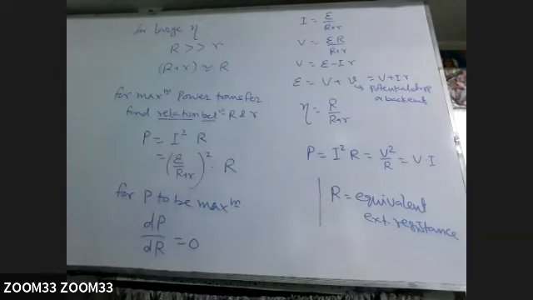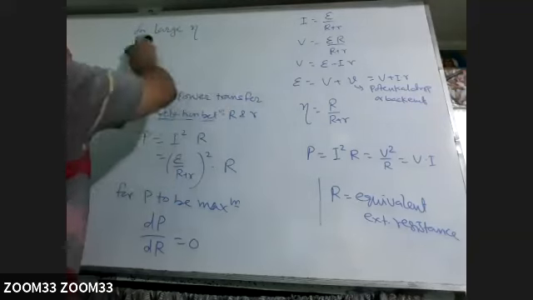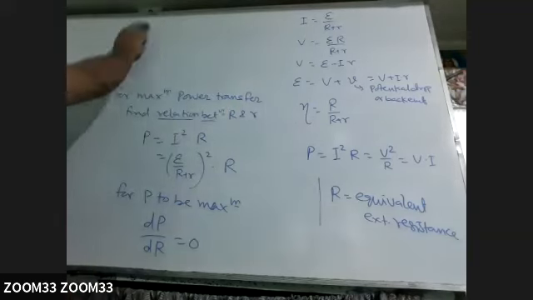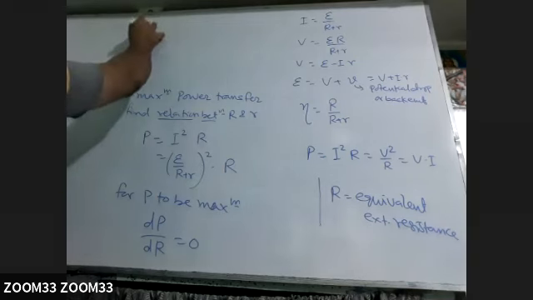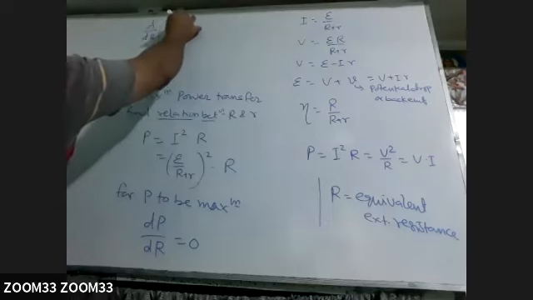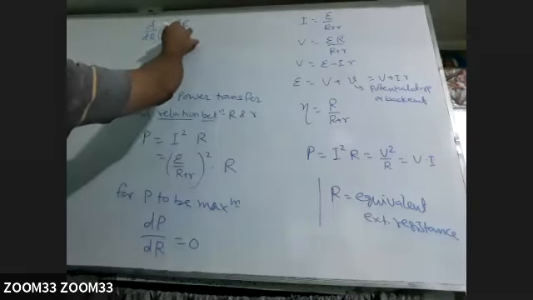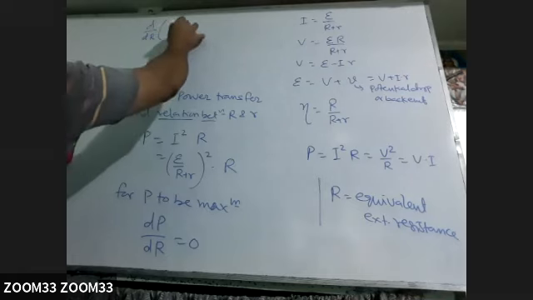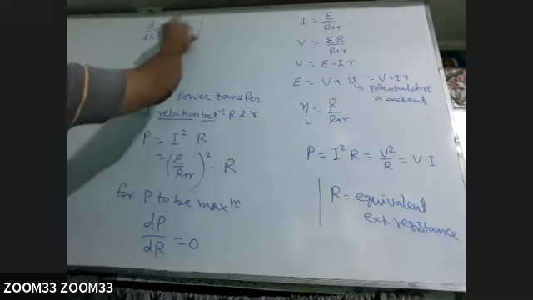Capital R we can change: in place of 2 ohm we can apply 5 ohm, in place of 5 ohm we can apply 10 ohm. That we can vary, but the small r we can't change. So we will keep capital R as variable. So d by dR of E square R by (R plus r) whole square must be 0.